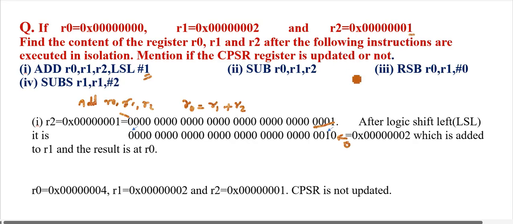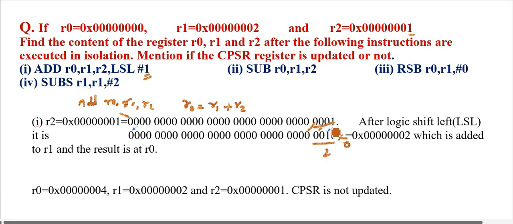So this 1 is shifted left by 1. The zeros come across, so now 1 becomes 2. I already told you, logical left shift means multiplied by 2. If I shift once again, 10 becomes 100, that is nothing but 4.